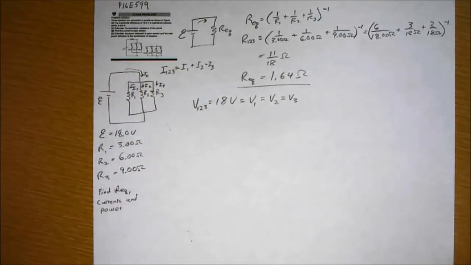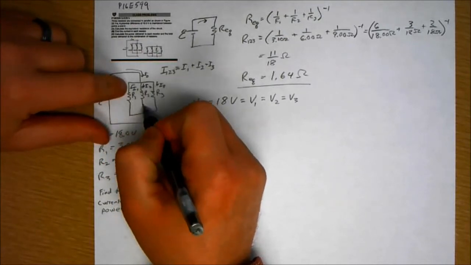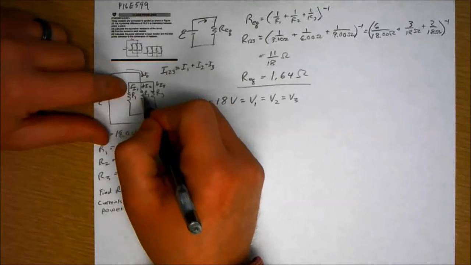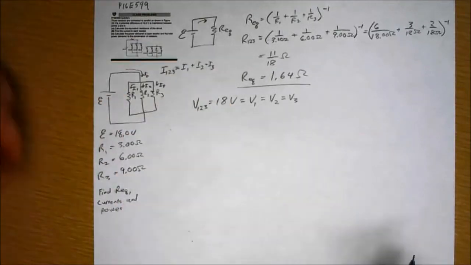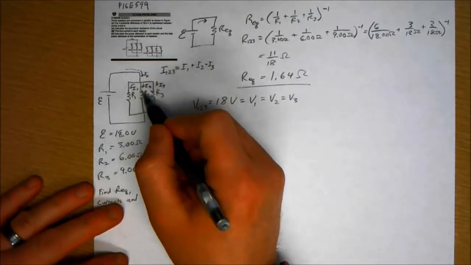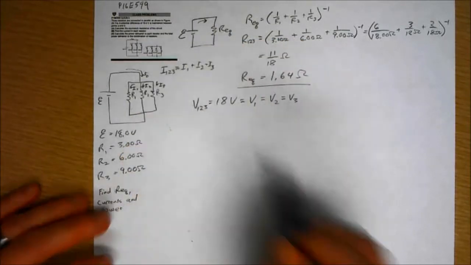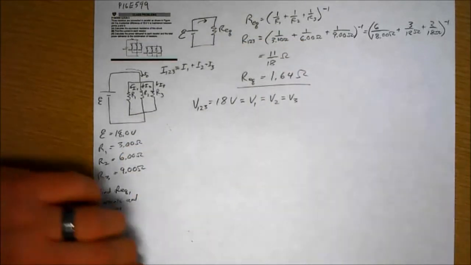Again, that has to be true, because if the voltage drop here was 18 volts and the voltage drop here was 16 volts, well, you're going to have more potential energy per electron over here. It's going to flow around in a circle. That doesn't work that way. The voltage drop across everything from here to here is 18 volts, so that means each branch of the circuit is 18 volts.